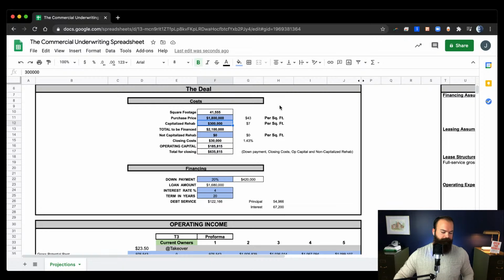Capitalized rehab. I've done a lot of rehabs on commercial properties. We just finished up a couple recently, so I'm pretty well versed on numbers. If you don't know how much it's going to cost to rehab the space, you will have to go through that process with your contractor prior to properly underwriting it. Now, if you have an idea of what you're doing, you'll be able to just throw a number in based on a price per square foot, which is what I would be doing.